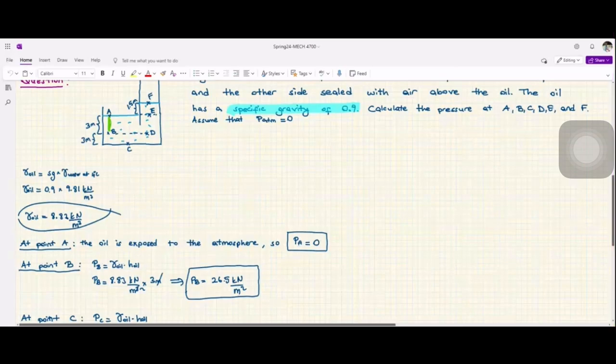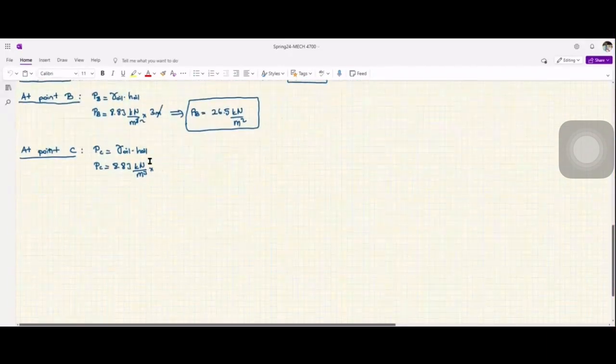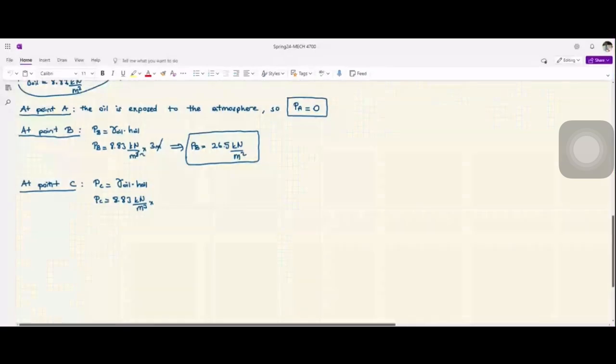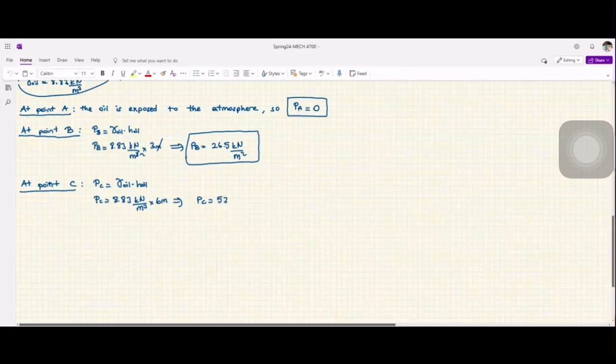This is the 6 meters, 3 plus 3. From A to B is 3 meters, B to C is another 3 meters, so the total is 6 meters. So it's going to be 8.83 times 6. PC equals 53 kilonewton per meter square.